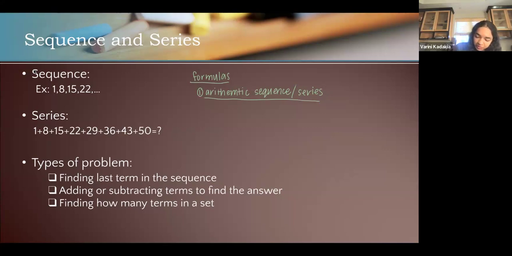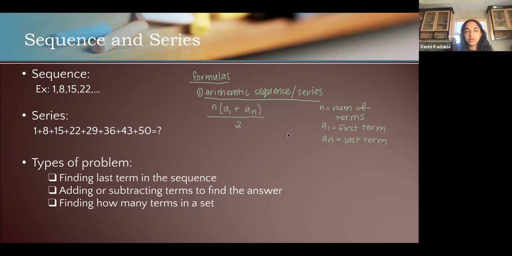You take the number of terms, which is n, and multiply it by the first term, a1, plus the last term, an, and you divide by 2. That would be your equation for the sum of a series.